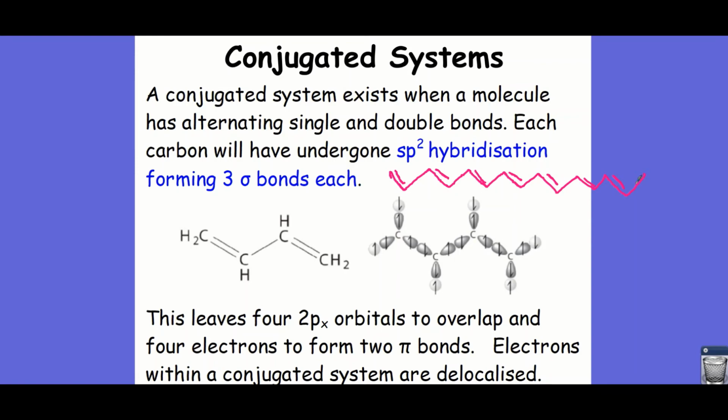That alternation gives rise to what we call a conjugated system. Each carbon in a conjugated system will have undergone sp2 hybridization, so will have formed 3 sigma bonds each, leaving an unhybridized p orbital to form the double bonds.